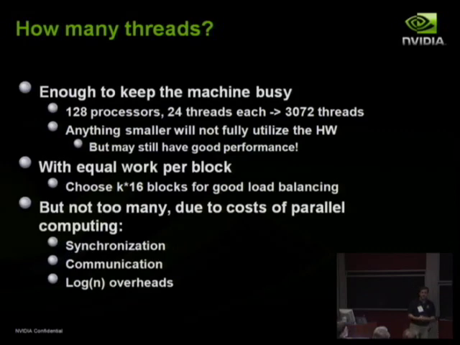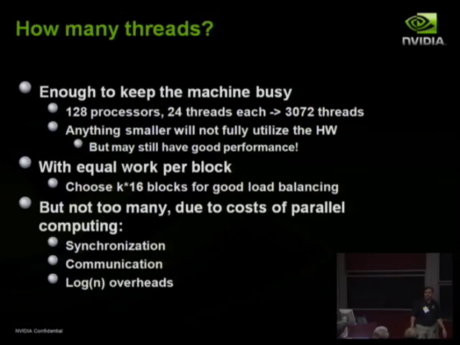On the one hand, you want to have enough to keep the machine busy. Mark talked about this. We have 128 processors. They need to have about 24 threads each to hide all the latency in the pipeline. So 3,000 threads is a good number to start with.